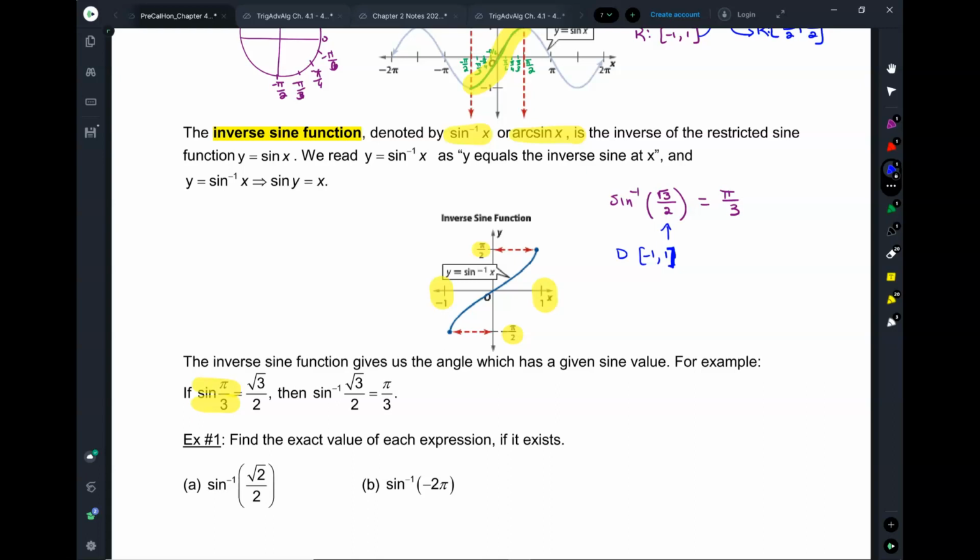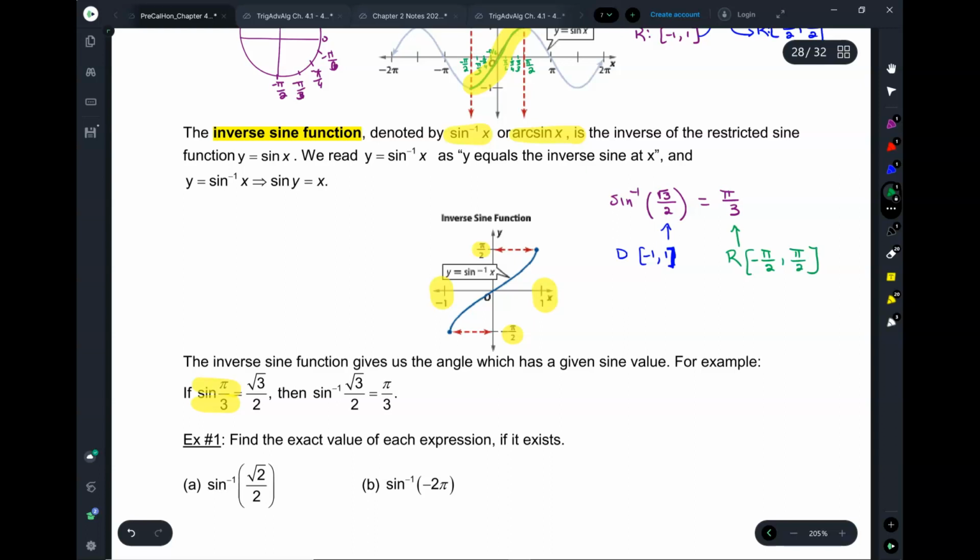You can only have numbers that go from -1 to 1. For example, I can never have inverse sine of 4 because that's not from -1 to 1. The answers to the inverse sine question are members of the range, and they go from negative pi over 2 to pi over 2.